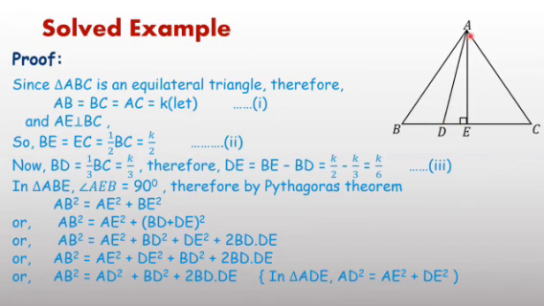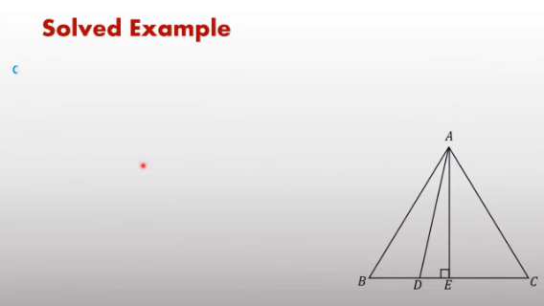In right angle triangle AED, AE square plus DE square equals AD square. In place of AE square plus DE square, we can write AD square plus BD square plus 2 BD into DE. Now put the values: DE equals K upon 6, BD equals K upon 3, and simplify.